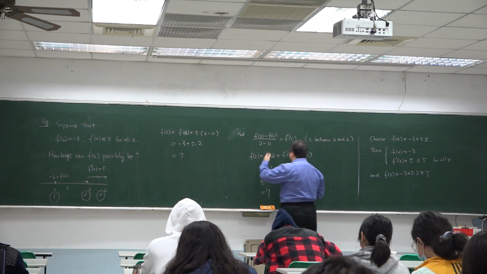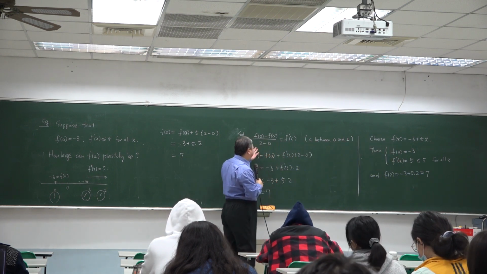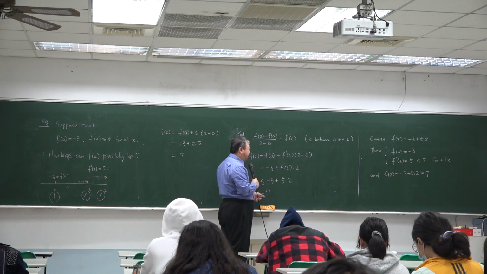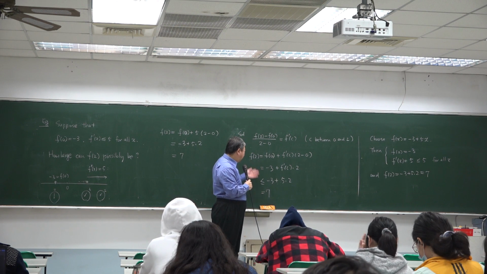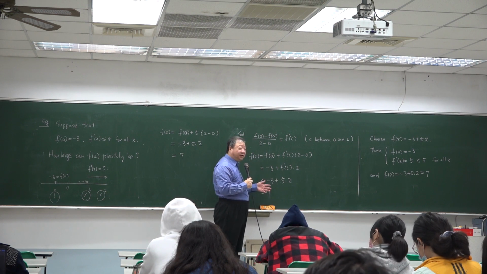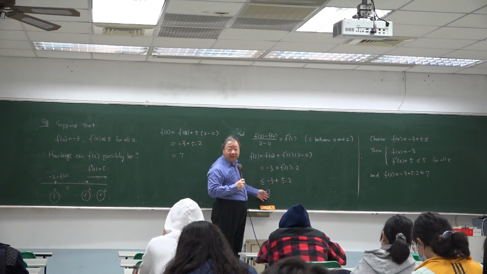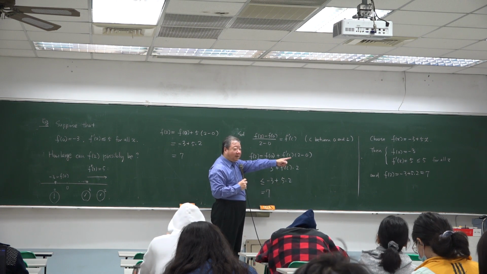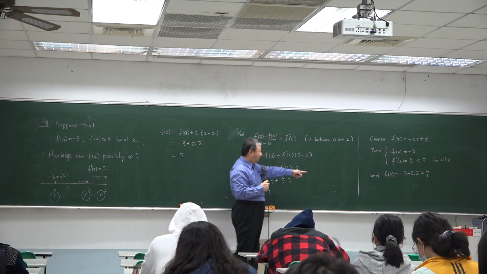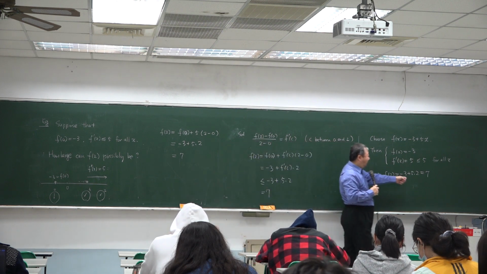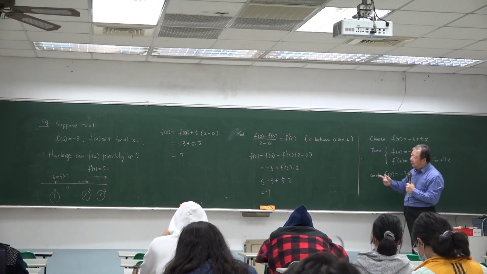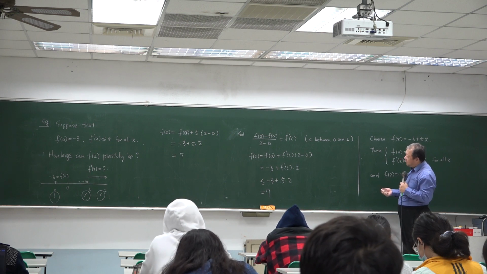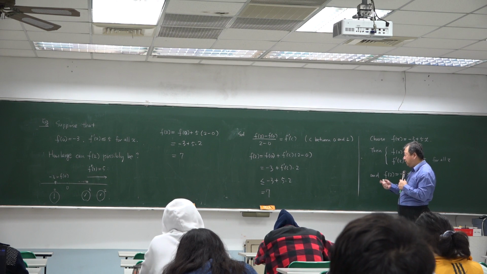Here, by the mean value theorem, we ensure f(2) is less than or equal to 7, but we don't know whether 7 is achieved or not. By considering this specific function, we know that yes, it is. Therefore, 7 is the largest possible value for f(2).